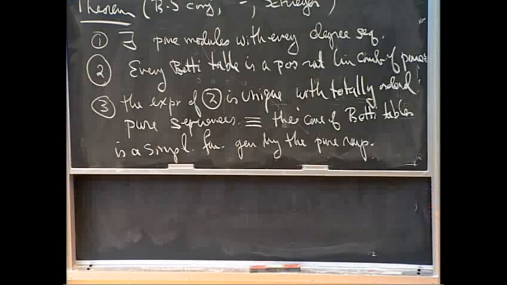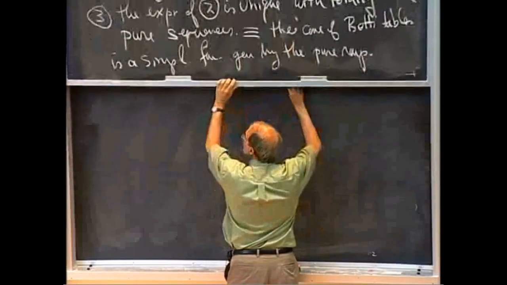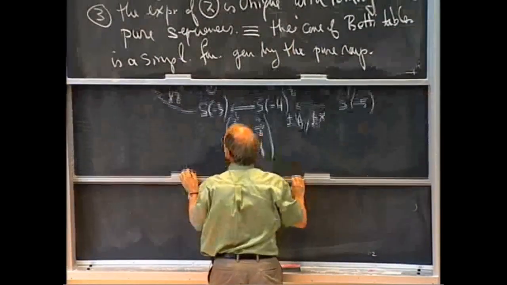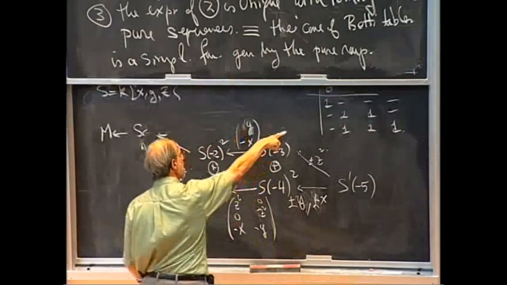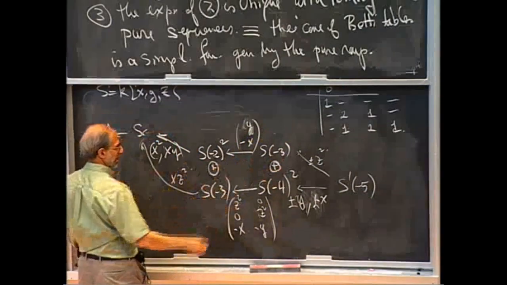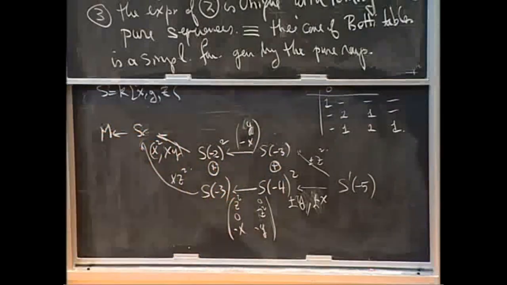You want to decompose a Betti table? Do it in the obvious way. It's sure to work. So let me tell you what the obvious way is for the example up above. So let's decompose that Betti table, which came from this messy resolution, which we no longer need, in the greedy manner.